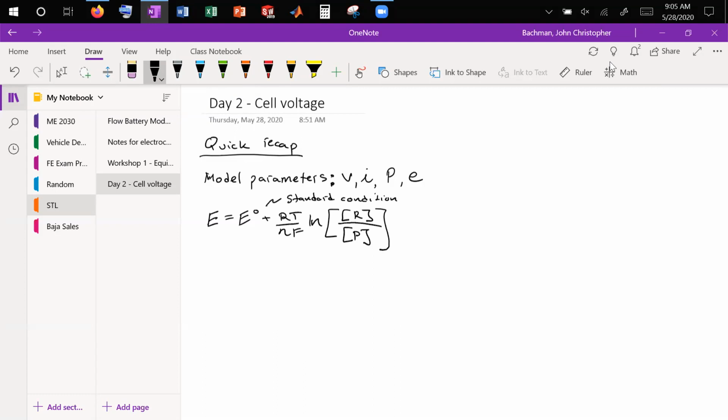We'll go into more detail on these terms because it's more complicated. We also determined that our standard voltage we could get from the change in Gibbs free energy at those conditions, divided by the charge associated with the half reaction and Faraday's constant. So that got us in the ballpark.